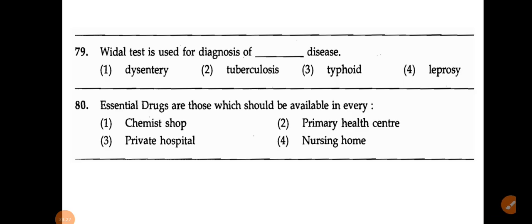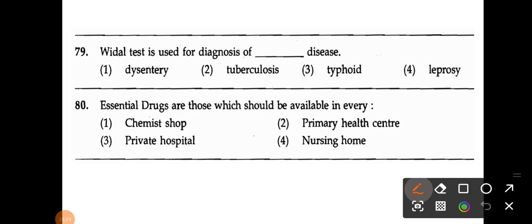Then Vidal test is used for the diagnosis of, again a question from your microbiology. The options are dysentery, TB, typhoid and leprosy. So here Vidal test is for your typhoid. What is the causative organism for typhoid? Everybody knows, that is the Salmonella typhi. But you have to know whether Salmonella typhi is gram negative or gram positive.